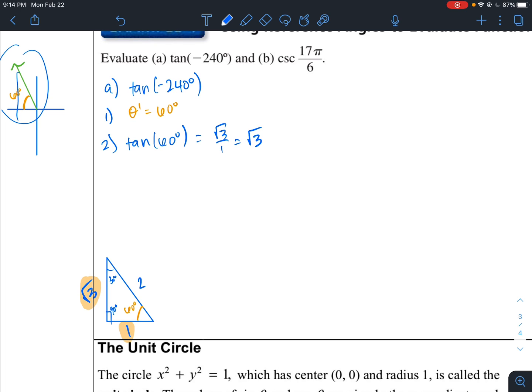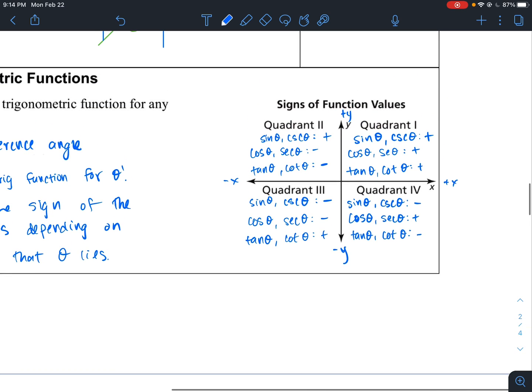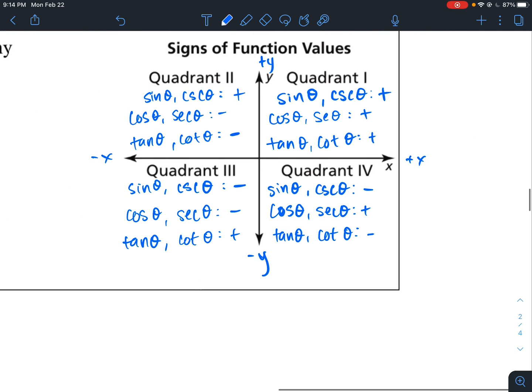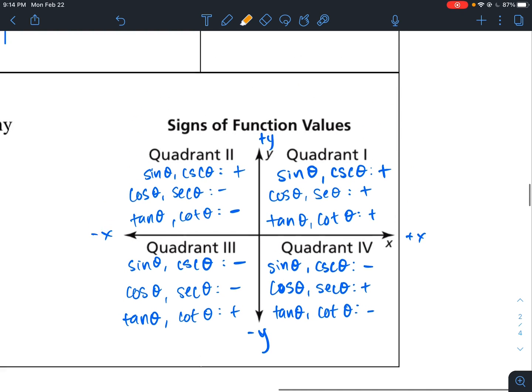Now the third step is that we need to make sure that we have the sign right. So if we come back over here, we did tangent of theta, which means that our sign should be, sorry, I'm in the wrong quadrant. We were in quadrant 2.